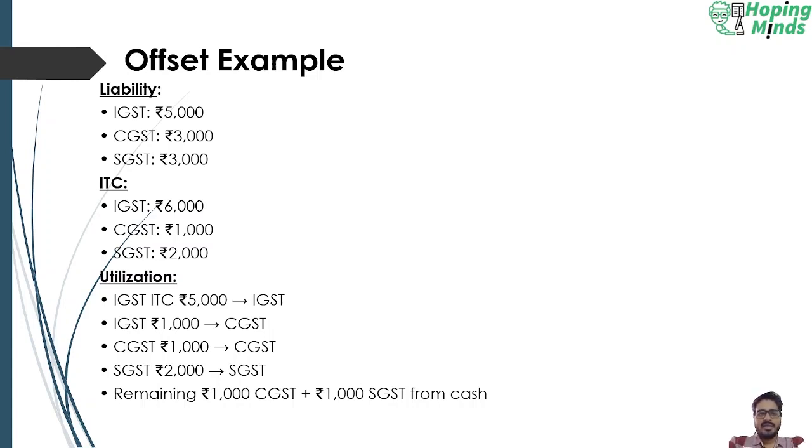Then the remaining CGST liability of rupees 2000 will be paid by utilizing 1000 input tax credit of CGST, and the remaining 1000 shall be paid in cash by the Challan. Similarly, the SGST liability of rupees 3000 will be paid off utilizing SGST credit of rupees 2000, and the remaining 1000 shall be paid in cash.